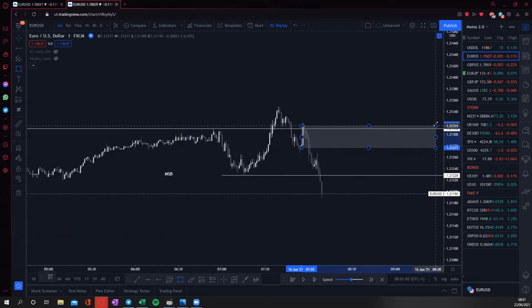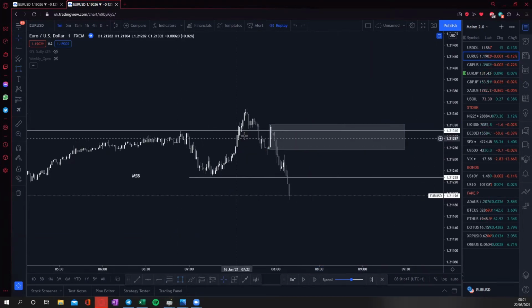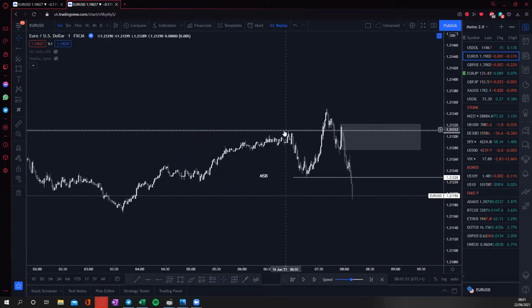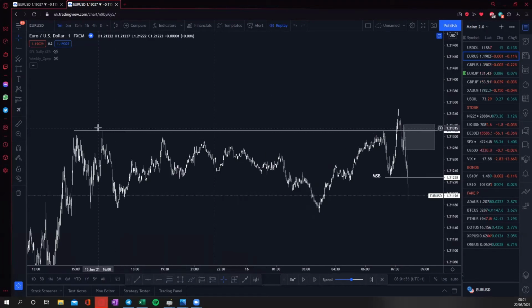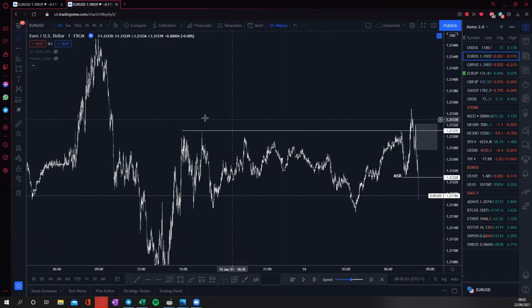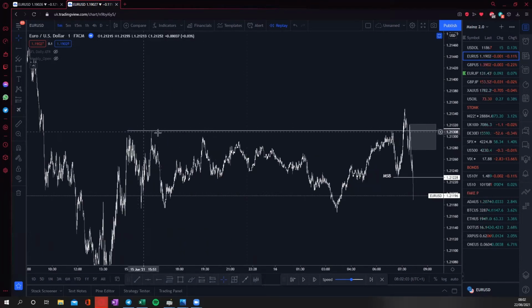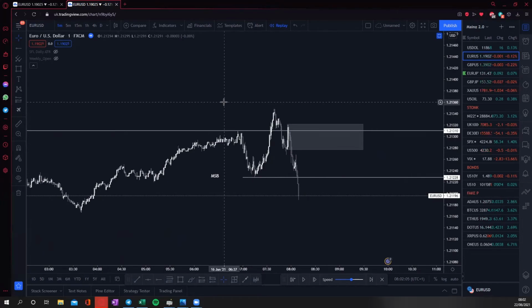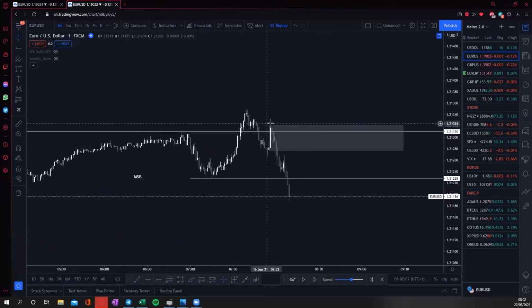These two bullish candles actually force price action up to the high of the Asian session, which was right here on this level, which coincides with the high from the previous day, not the high of the day, but a very strong area of liquidity here. So this is where I was looking to enter the position.